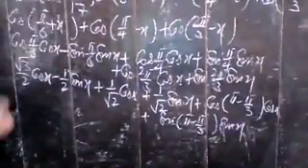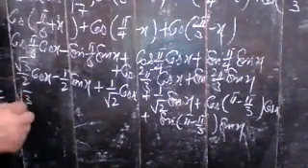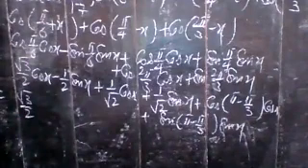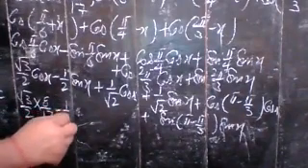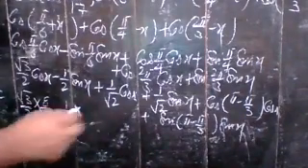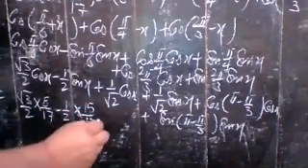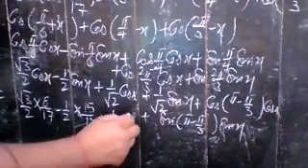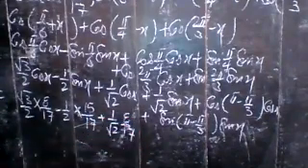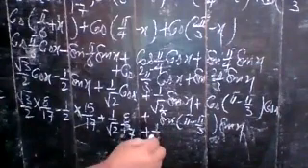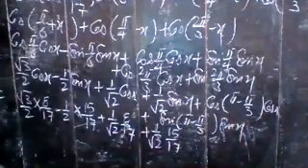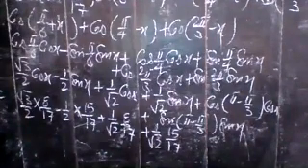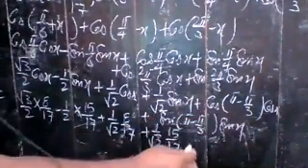So that is root 3 by 2, and the value of cos x is 8 upon 17, minus 1 by 2 into sin x, the value of sin x is 15 upon 17, plus 1 by root 2 into 8 upon 17, and 1 by root 2 into 15 upon 17. Cos(pi minus x) lies in second quadrant, and in second quadrant cos is negative, so write a minus sign.